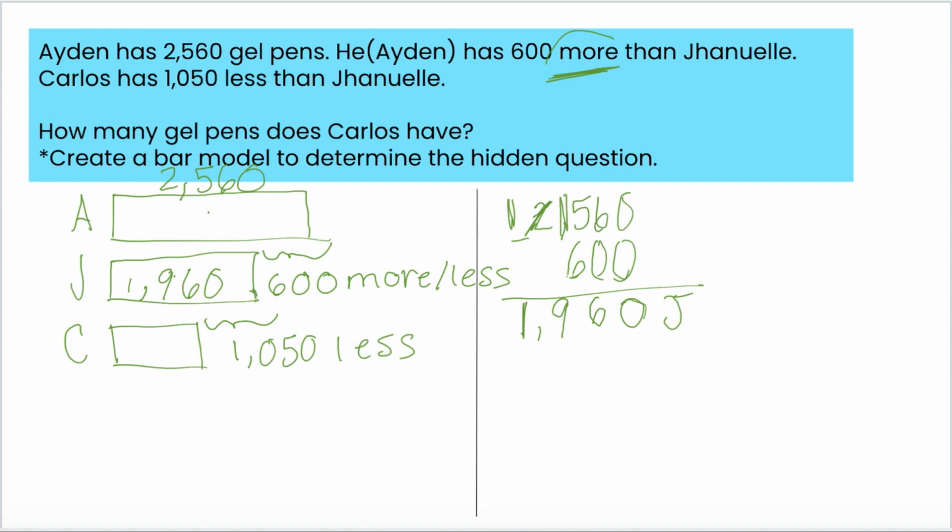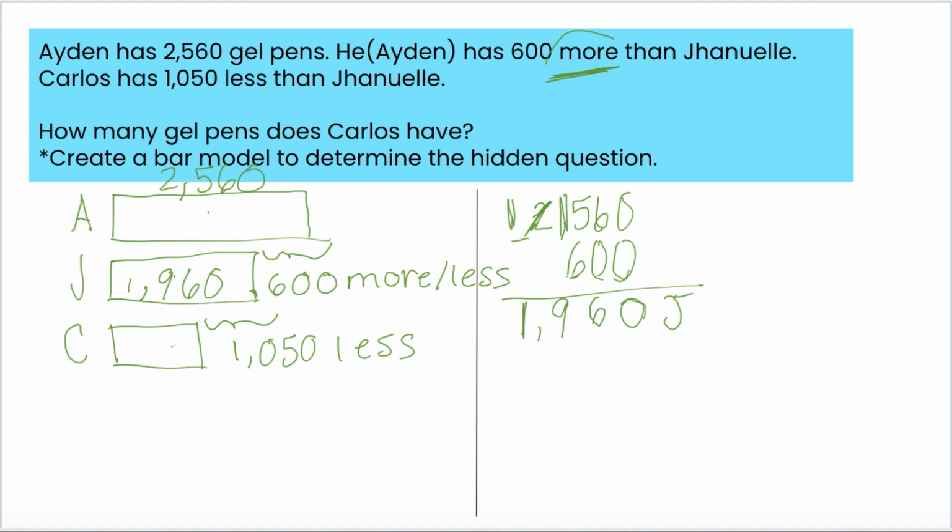Now I still have to figure out how many gel pens Carlos has. And again, I haven't even read any of the questions that I see at the bottom of my page. I want to fill in any missing values that I can first. Now, to figure out Carlos's amount, I see that Carlos also has a smaller amount, and the problem told me so.